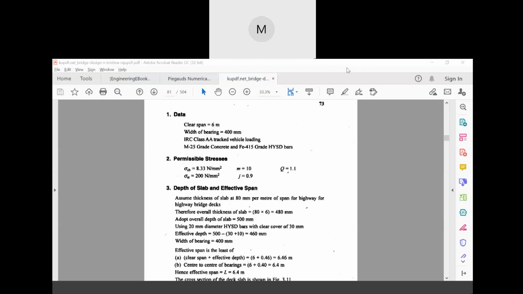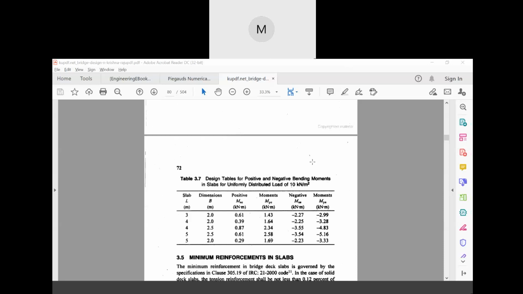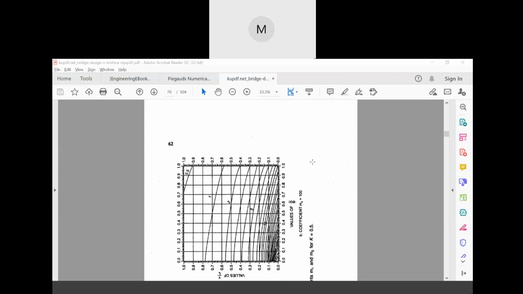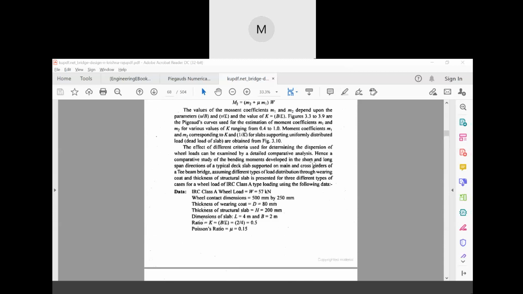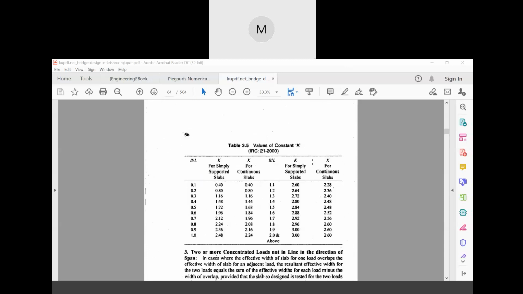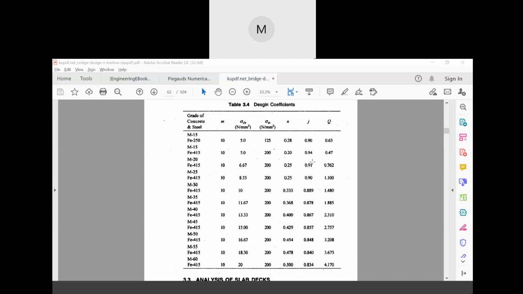You can do one thing. I'm just going to that table. You just take a screenshot of that. This is the table. Now these are the values of M25. So better you remember the values. Mostly M25 numericals are only there.